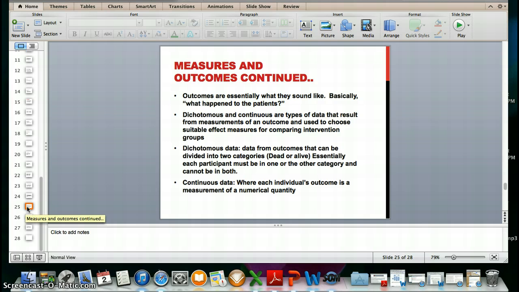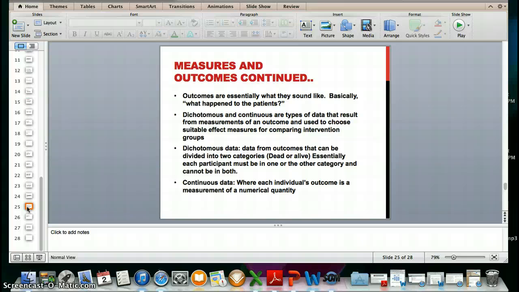You will see two types of data that can result from measurements of an outcome. These are often used to choose suitable effect measures for comparing interventional groups, and those are dichotomous and continuous. Dichotomous data is data from outcomes that can be divided into two categories, like dead or alive.